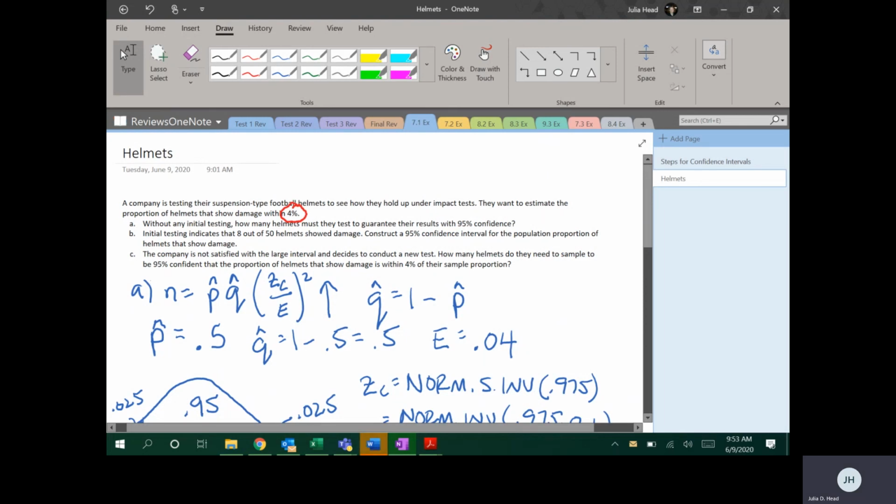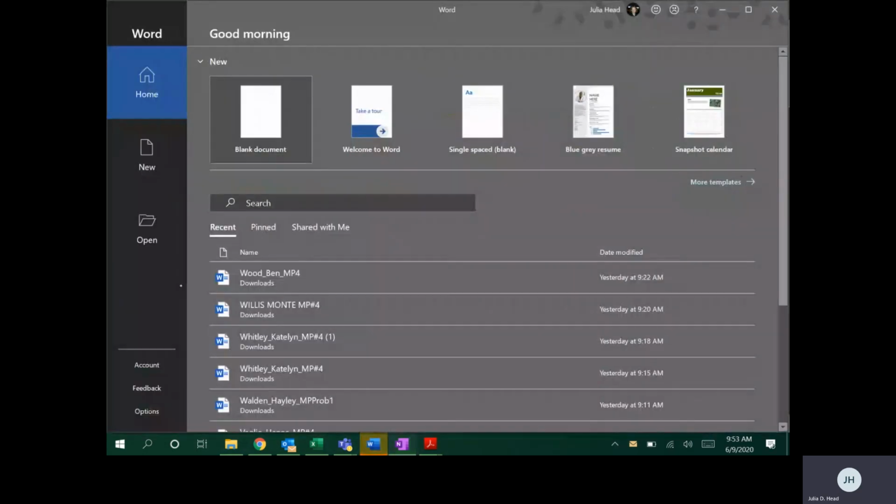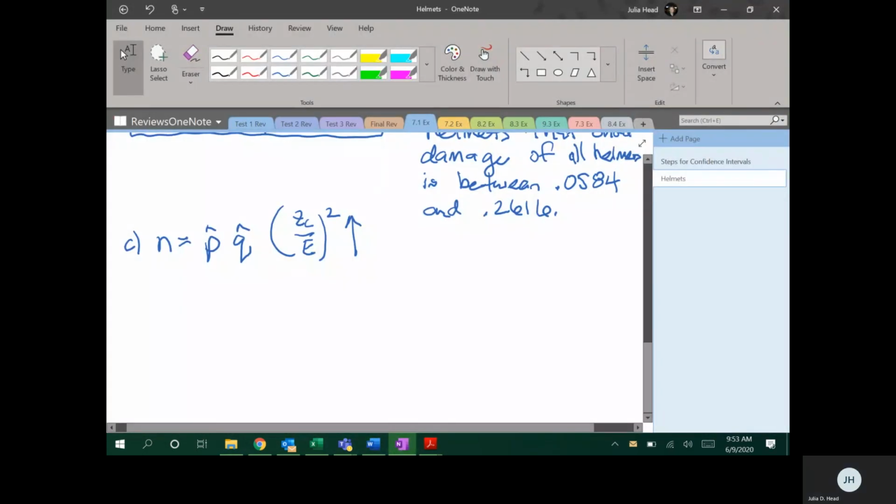Specifically, their testing said 8 out of 50 helmets showed damage. So the big difference with part C is that p hat is the same 0.16 that we used in part B, which means that q hat is 0.84. Now, comparing this to part A, E is still 0.04, and Z_C is still 1.96 because we still want to be 95% confident. And you could recalculate that with another picture if you wanted.